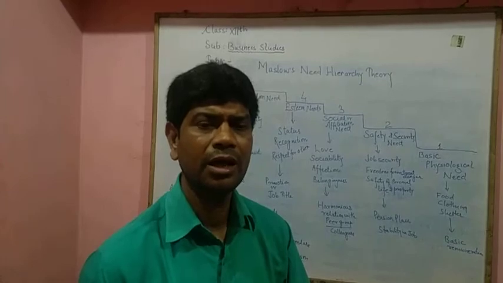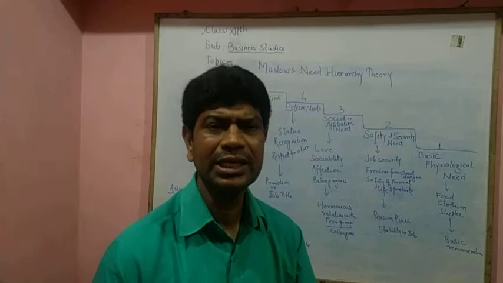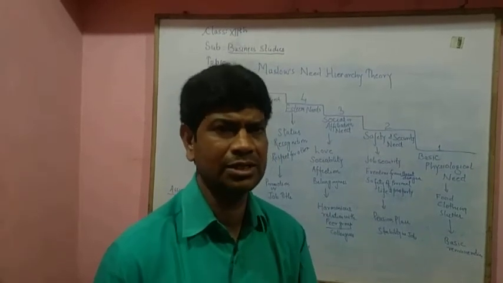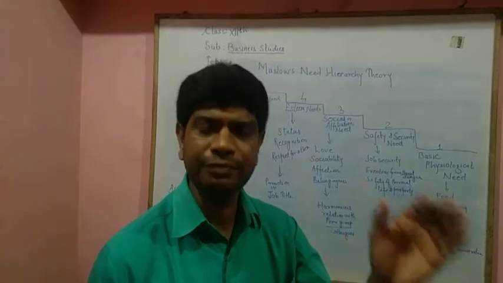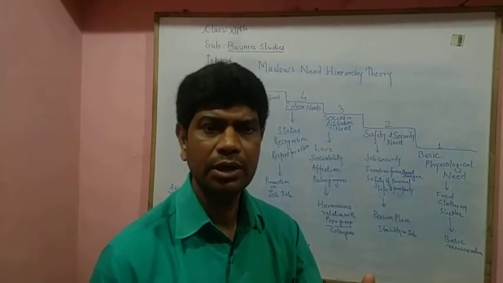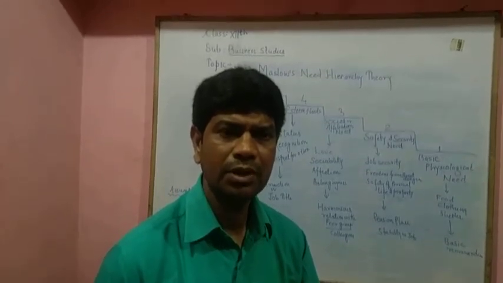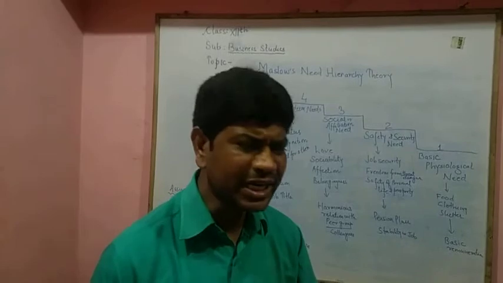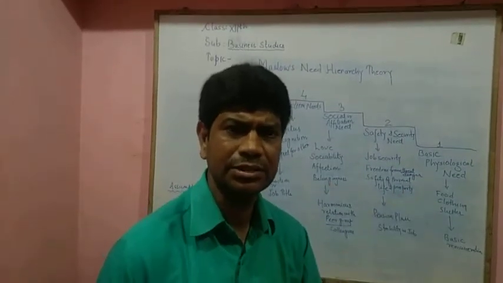So let us come to the need hierarchy theory. Maslow has suggested that the needs and desires of human beings or employees follow an order of preferences. There is a hierarchy. It is not that all needs arise suddenly, because it would be very difficult for a manager.